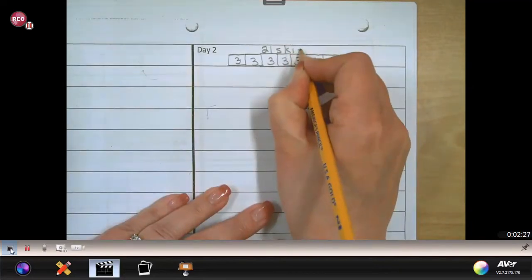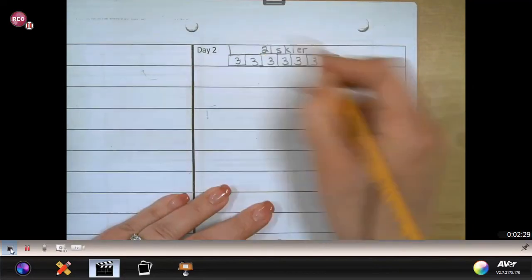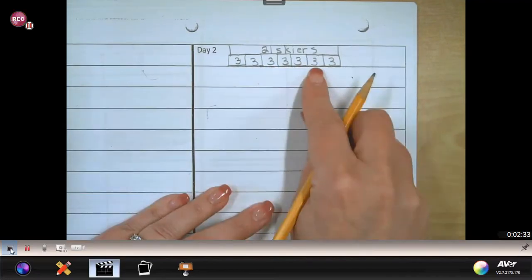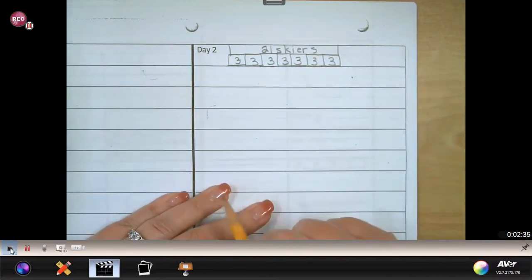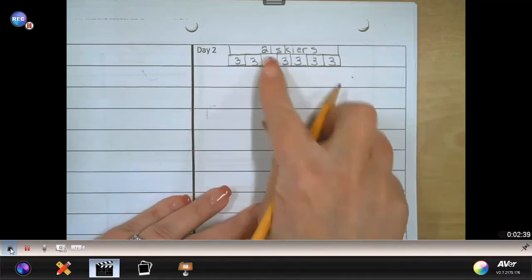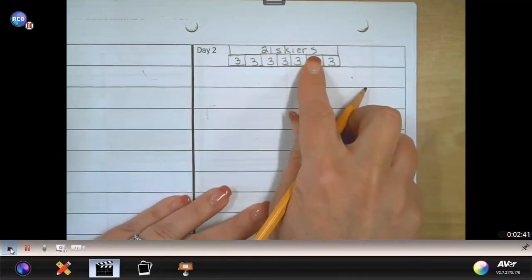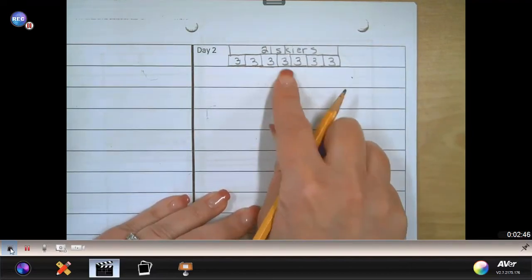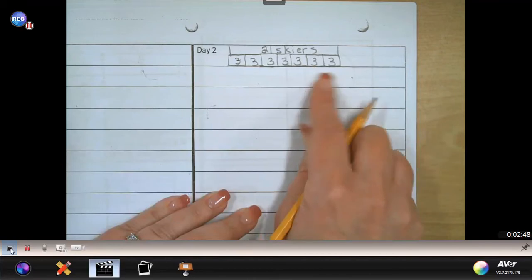Make sure you're drawing a model. And there are 3 people on each seat. Now the question was asking us, how many seats are we going to need for these 21 skiers? Well, that's a seat. That's 1, 2, 3, 4, 5, 6, 7.